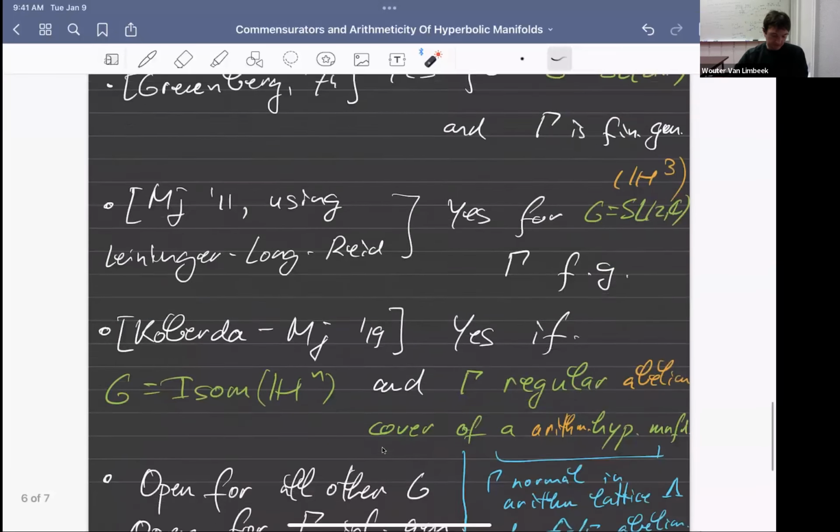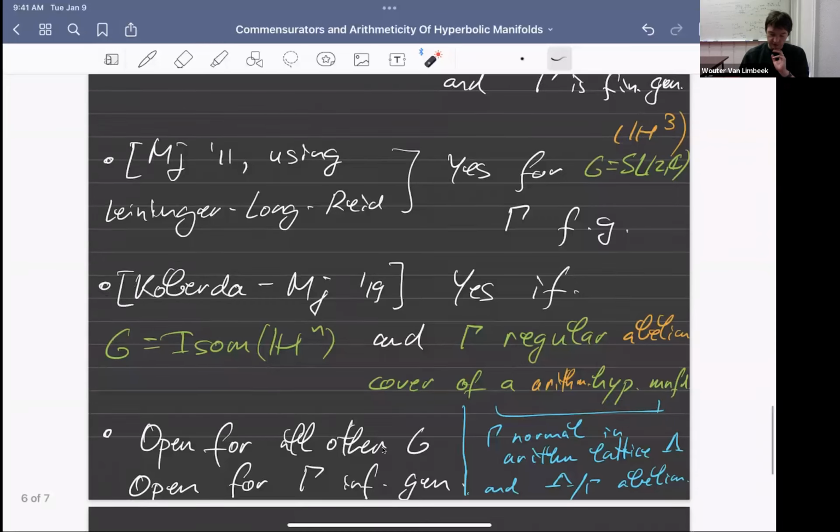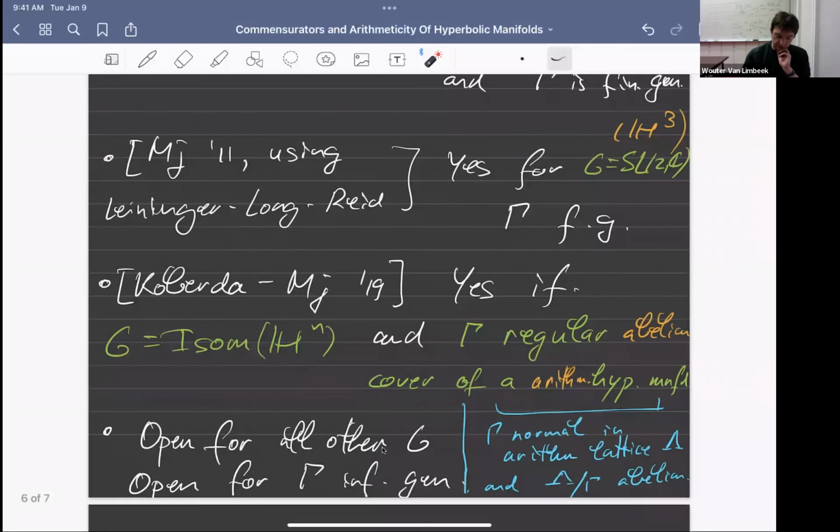And it uses more the space of harmonic forms, and then it constructs an action of the commensurator on the space of harmonic forms on Hn mod gamma, basically.